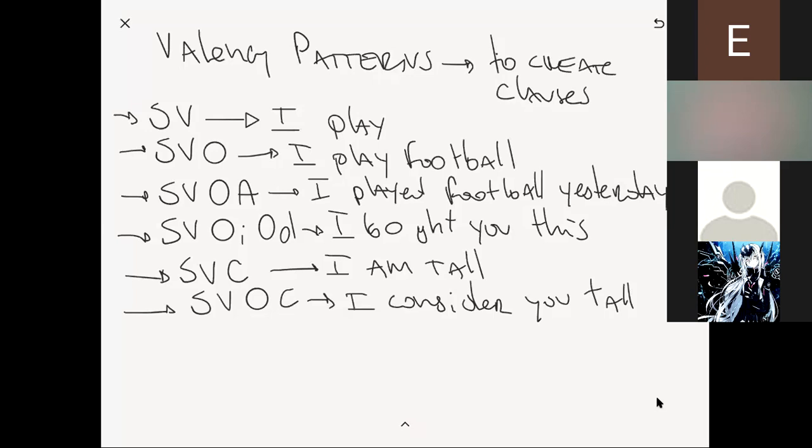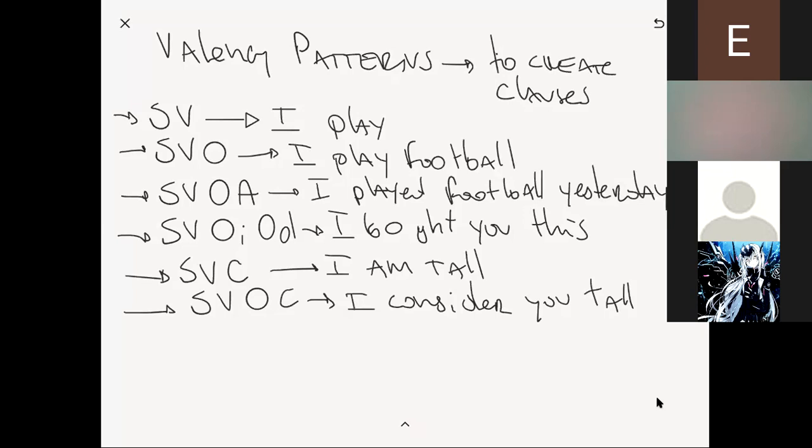Functional verbs will specify the way in which we're going to understand the main verb, the lexical verb. Lexical verbs, on the other hand, entail the most meaning. And they will provide the valency pattern, which is what we're seeing now. A valency pattern is the way in which we're going to create clauses.